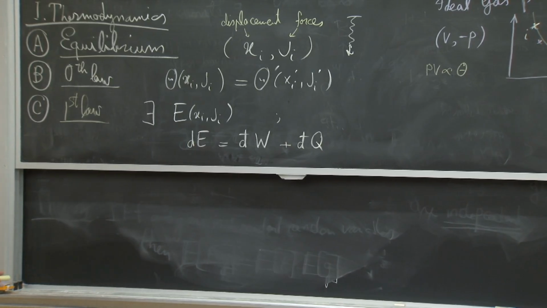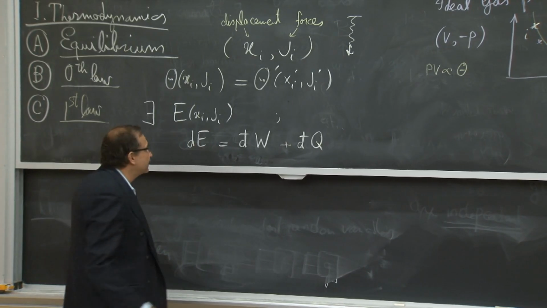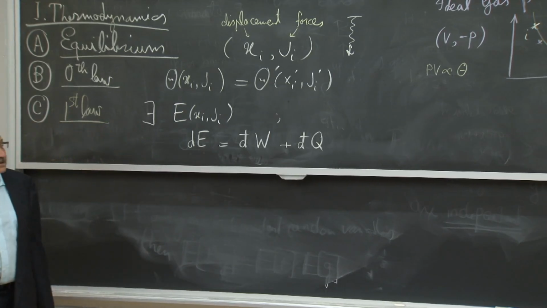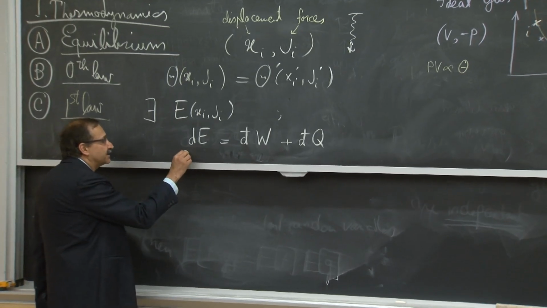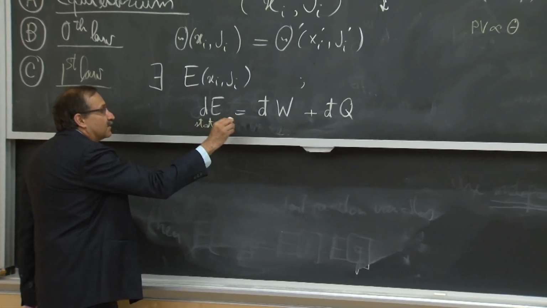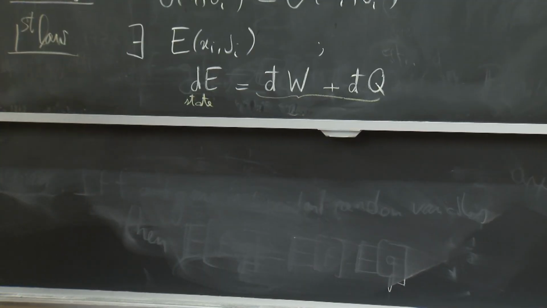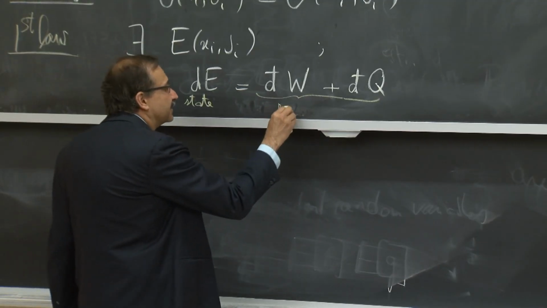And it is, again, important to state that this dE really only depends on the initial and final state. So this depends on state, while these things, that's why we put the bar on them, depend on the particular path that we take.